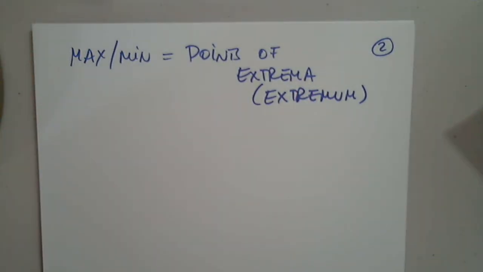So I'm going to share now, so we can choose anything you want from this page. Find any relative extrema. They are called relative or absolute. I'm going to write that down for you in a second.